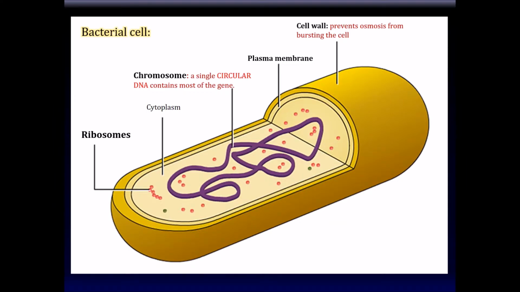A bacteria has a cell membrane, yes or no? Of course they have. Every living cell has a membrane. It's like the gatekeeper. If you ever wanted to get inside a bacteria, you have to go through the cell wall. Good luck.